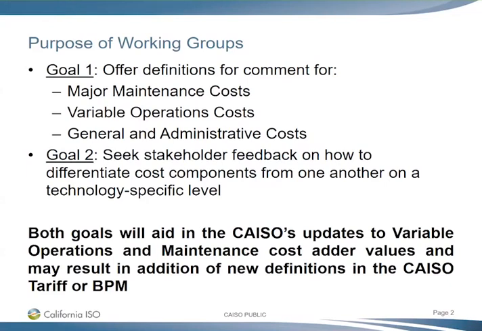Second goal is to seek your feedback on how to differentiate these different cost components from one another on a technology-specific level. The end goal of this is to consider updates to our variable operations and maintenance cost adder values and may result in some new definitions being added to our tariff or into our BPMs.